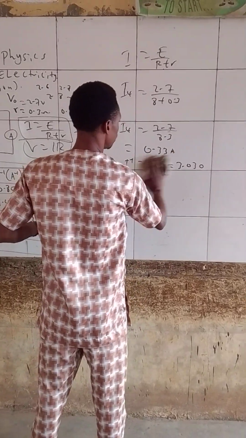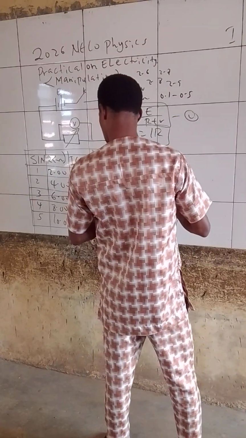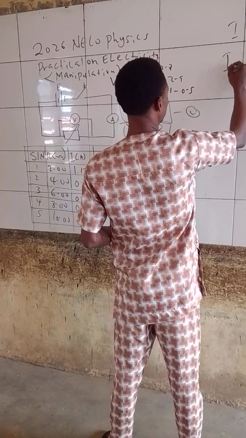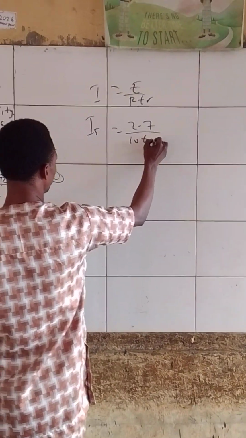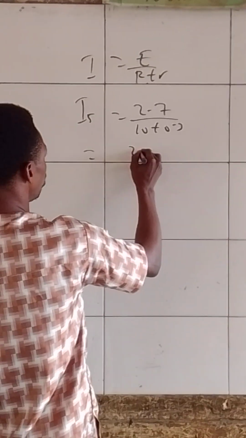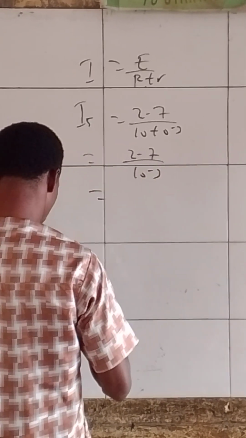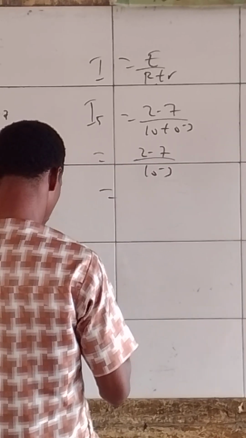Now I'll look for the last one, that is the fifth one, which is 2.7 over R. What is my R? R equals 10 plus 0.3, so it is 2.7 over 10.3. I'll find my operator: 2.7 divided by 10.3.